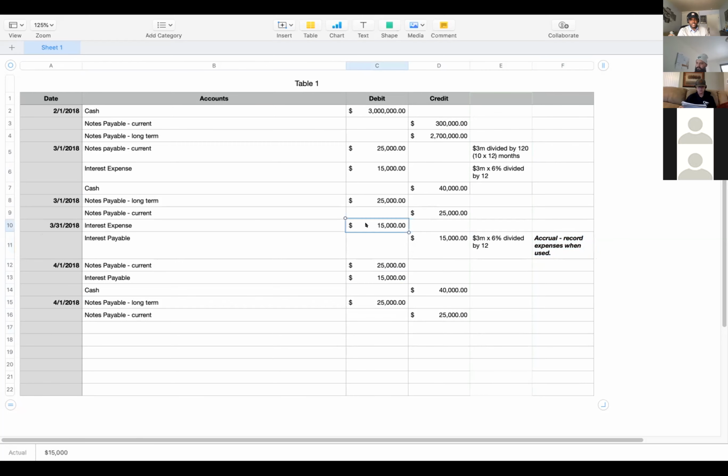So we have to record the expense for that 30 days. On the very next day, when we actually pay the cash, we're paying cash for interest that we've already used but have not paid.